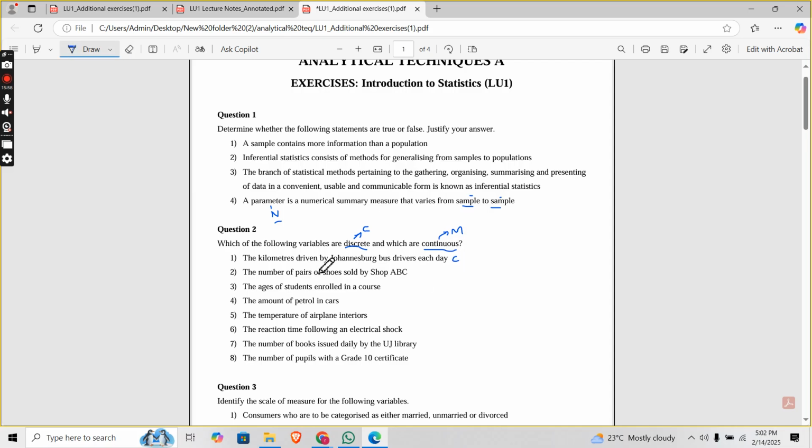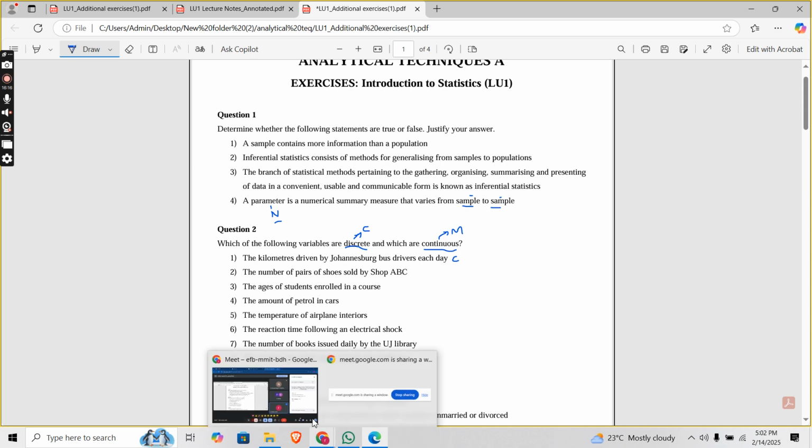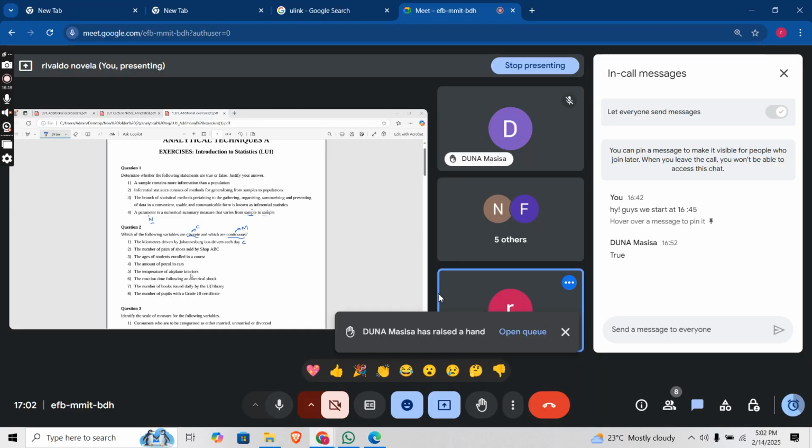Okay. So number 2 says the number of pairs of shoes sold by shop ABC. Duna, yes, you can answer.